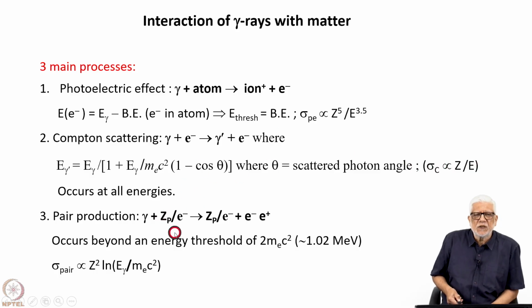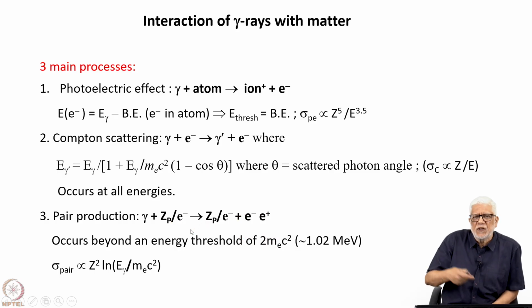Similarly, pair production has a threshold, because after all, the photon is interacting with the nucleus to produce an e+ e- pair and a very small recoil of the nucleus itself. Of course, as I said, it can occur also on the electron. This occurs beyond the energy threshold of 2 times the mass of the electron, because you have to produce an e+ e- pair. Also, I should point out that this cannot happen in free space.